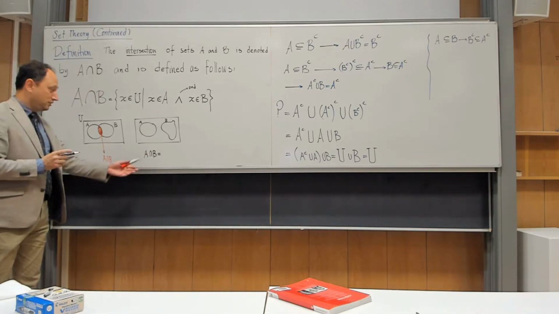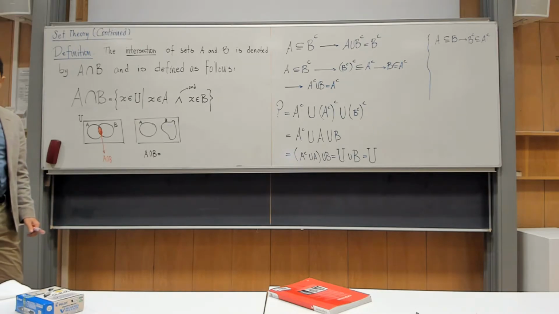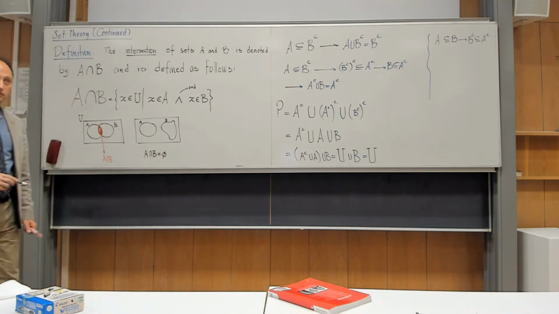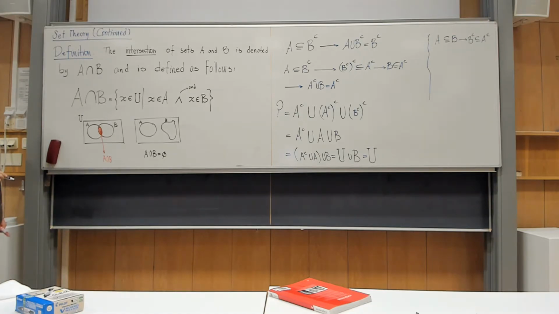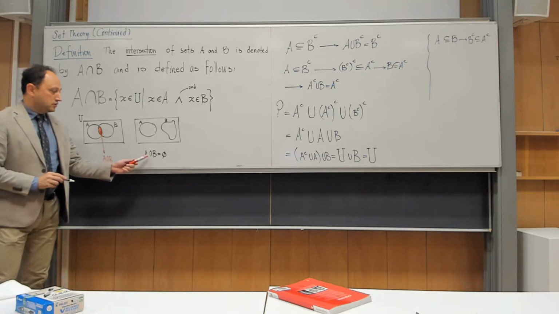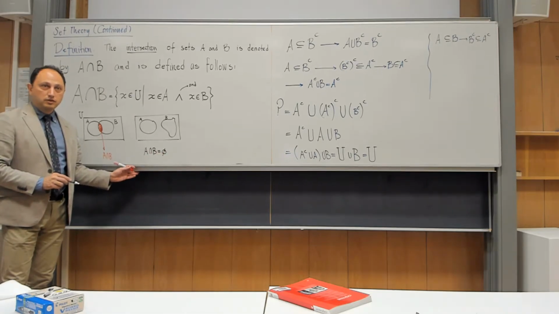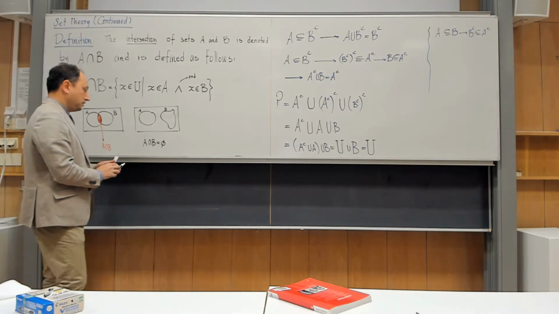It's very important: don't say 0 or whatever, you have to write the empty set. There is a terminology that is good to know. When the intersection of two sets is empty, we say that they are exclusive. They don't have anything in common.